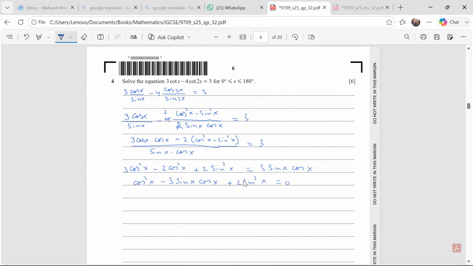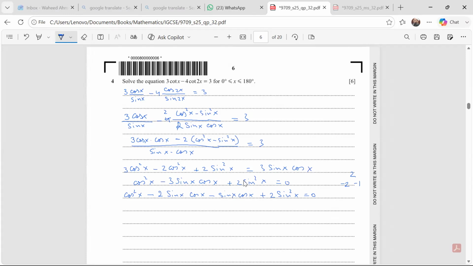You see, 2 times 1 is 2, and if I make factor 2 and 1 and both are negative, this will give me the right thing. If I have cos square x and I split this part in two parts, like minus 2 sine x cos x and minus sine x cos x, these two together will become minus 3 sine x cos x, and plus 2 sine square x equals 0.